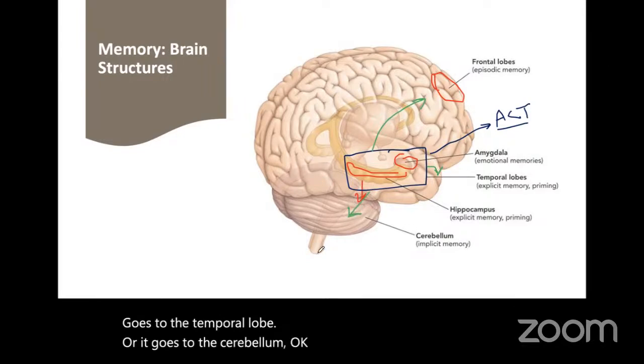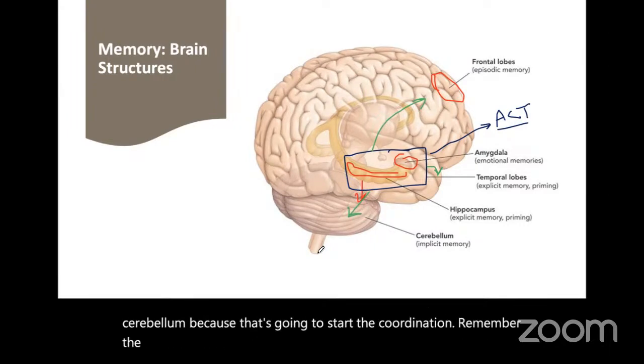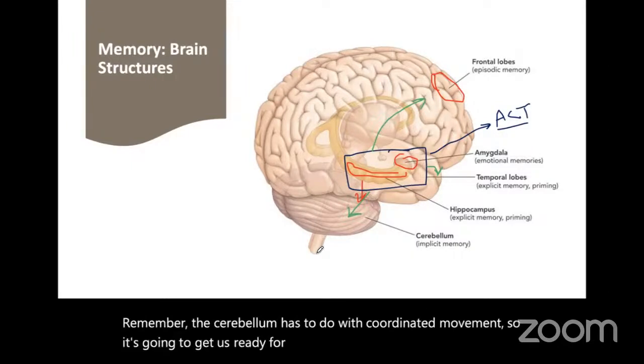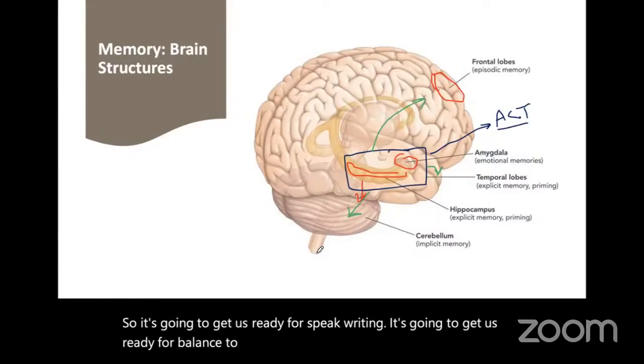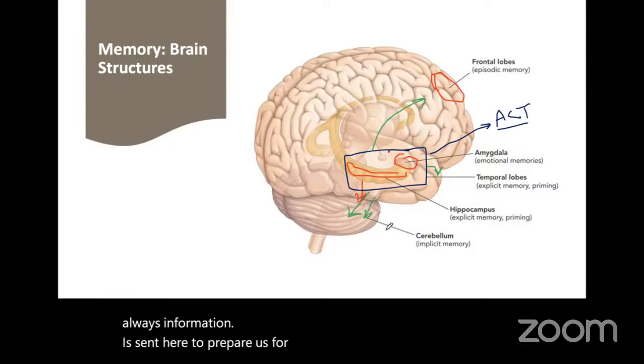And usually always to the cerebellum, because that's going to start the coordination. Remember, the cerebellum has to do with coordinated movement. So it's going to get us ready for speaking, writing, for balance, to run and coordinate our legs or our arms. So information is usually always sent here to prepare us for those automatic behaviors that we need in order to react, okay?